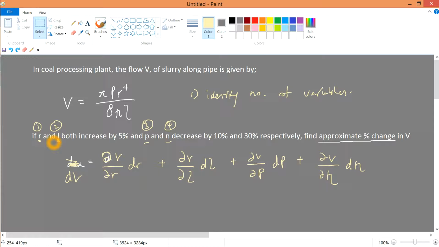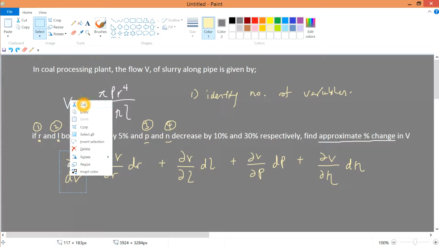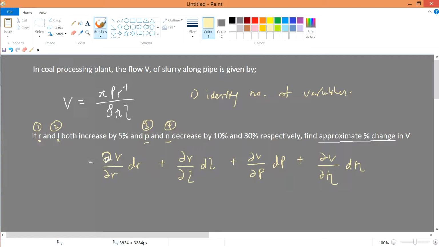This is what we use when we are talking about the approximate solution. The general equation, I believe you have understood how it is applied from the previous video, but anyway I will write it down: partial u partial x dx plus partial u partial y dy. This is the general equation.